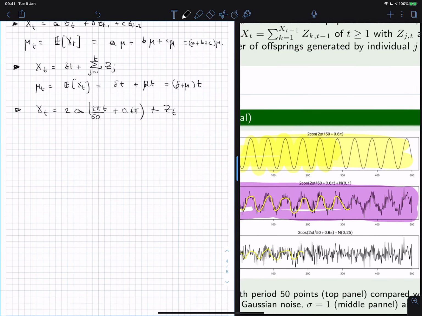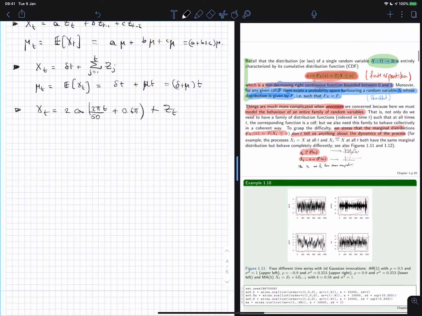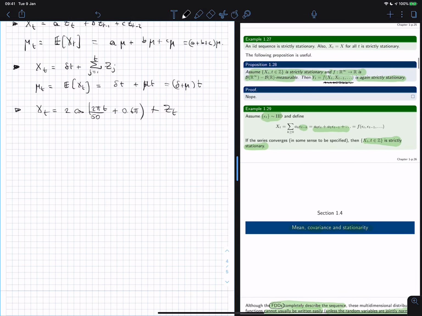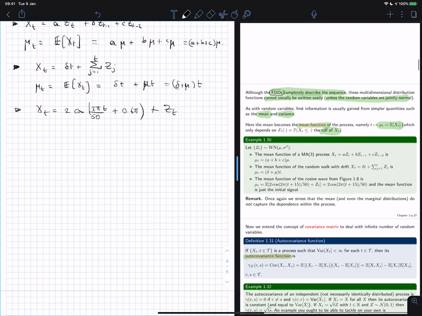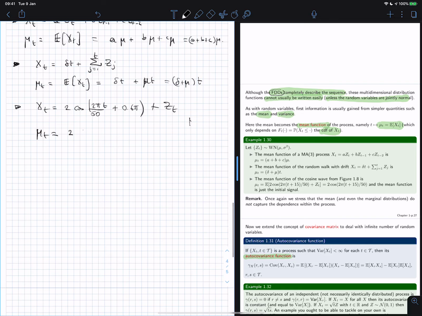If I look at the mean function of this, the mean is this. Oh yeah, but my noise had mean 0. So this is just going to be equal to this.